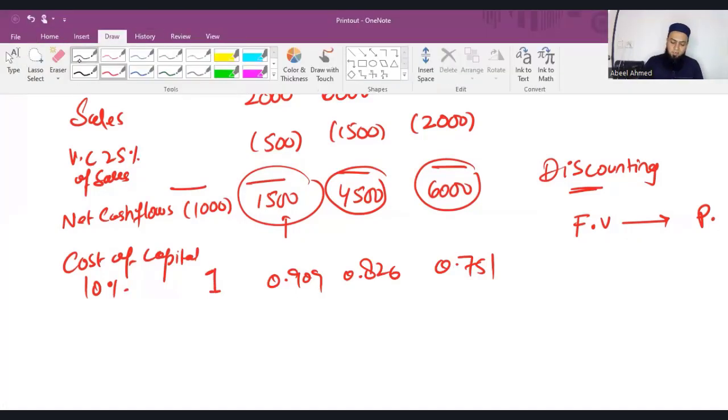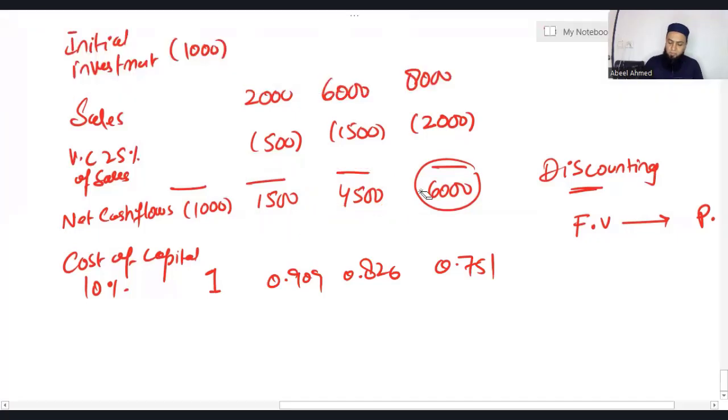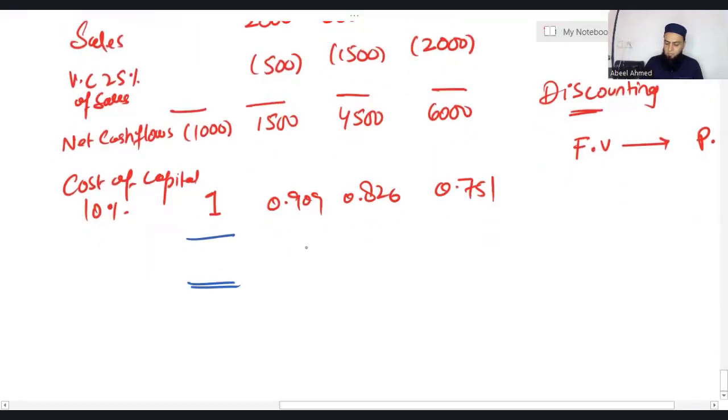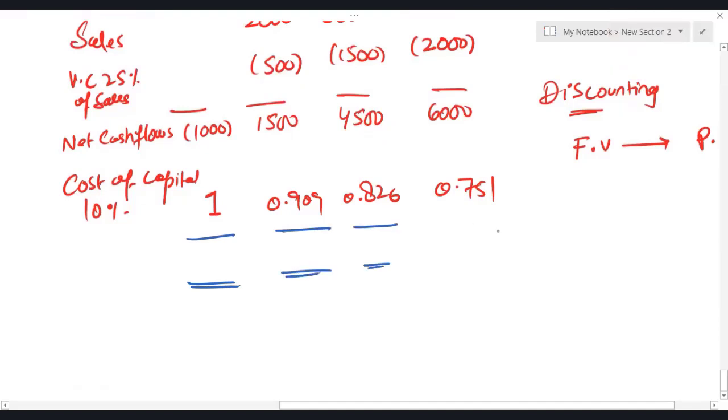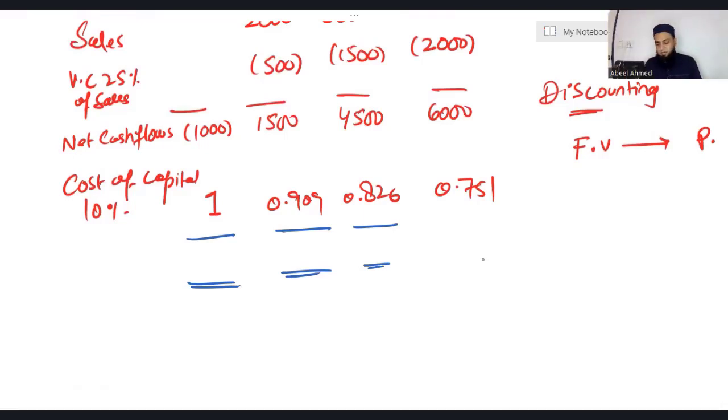Now, very easily, we can calculate the present value. All you need is to multiply the future cash flows with the discount factor. When you multiply the future cash flows with the discount factor, you get the present values.